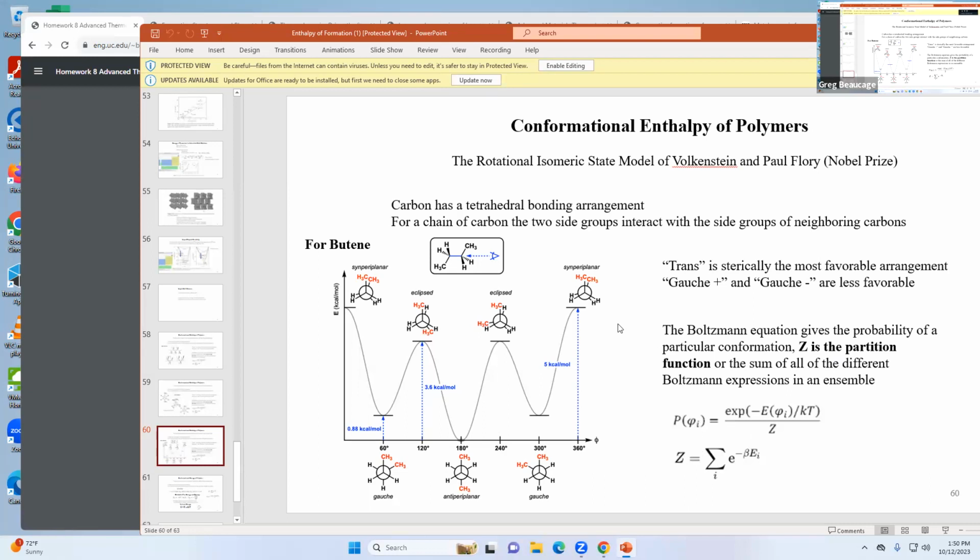The log of that is going to be the free energy, and from the free energy we can get the heat capacity. Debye and Einstein developed this idea of the partition function, and then Flory used it in his calculation of the energy of the chains. Anyway, why don't we quit there for today?